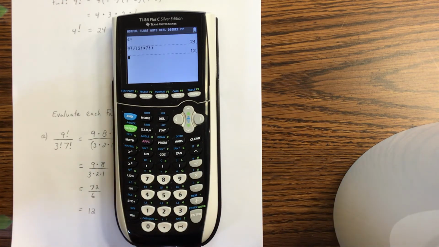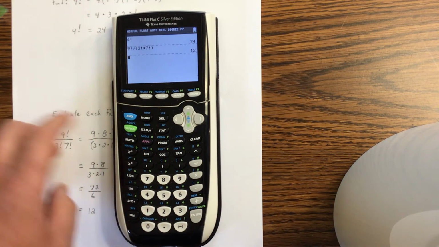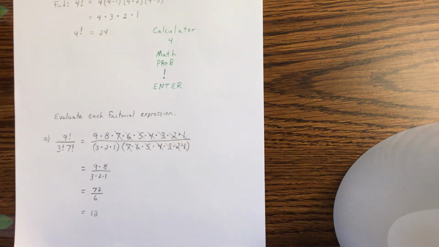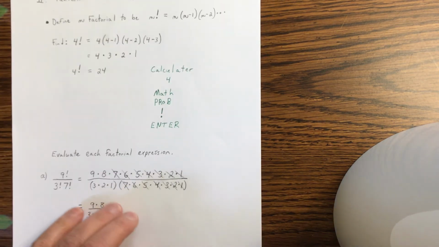All right, that's how you would evaluate factorial expressions. All right, page 2.